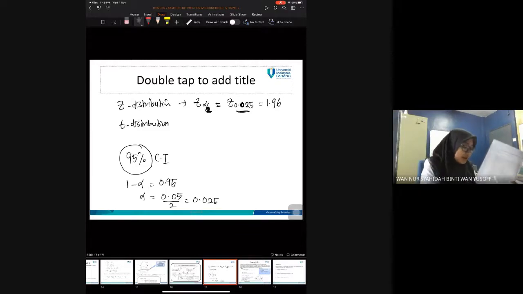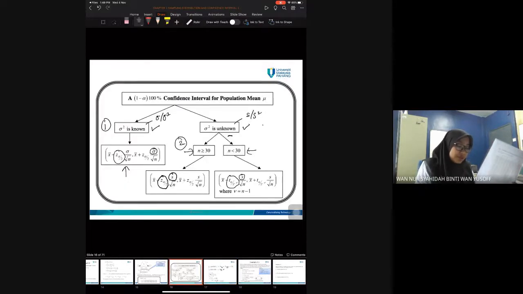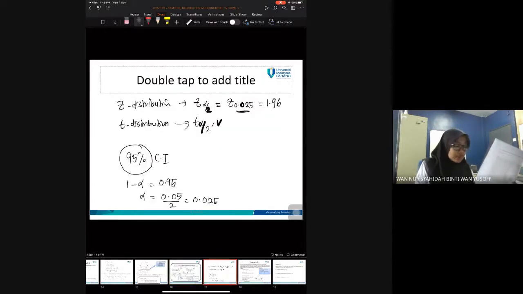And then for the T distribution, we have two values that come with the T. First is a probability value and second is the degree of freedom. So here is alpha over 2 and here is nu. Based on your formula, we have alpha over 2 and then nu, as a package for the t distribution. Nu is n minus 1, sample size minus 1.